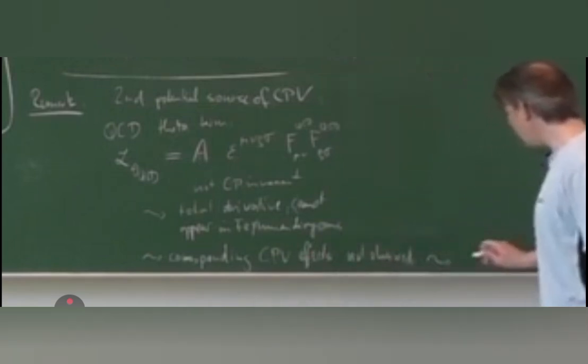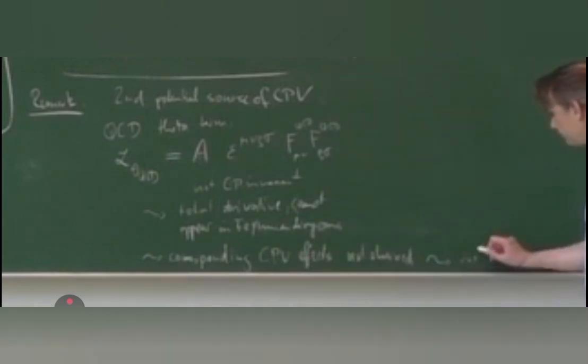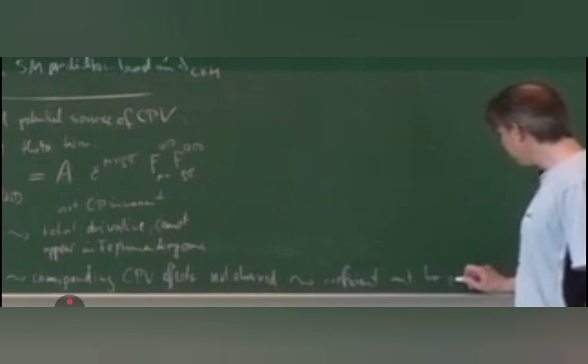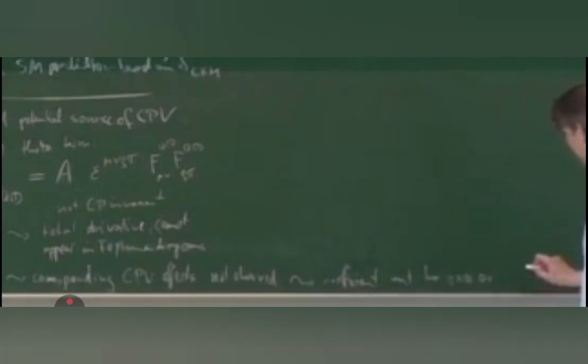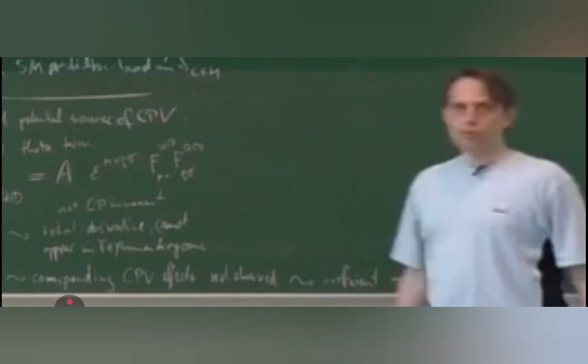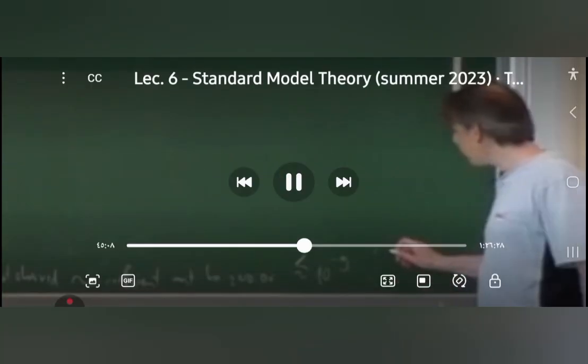So it means the coefficient must be 0 or very small, and the experimental limits are around 10 to the minus 9. And so that is actually one of the open questions of particle physics, the so-called theta QCD problem.